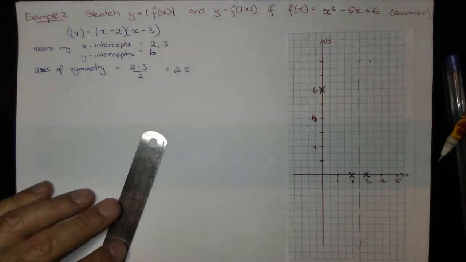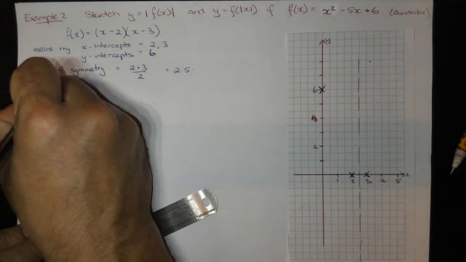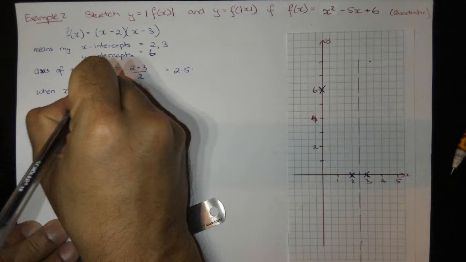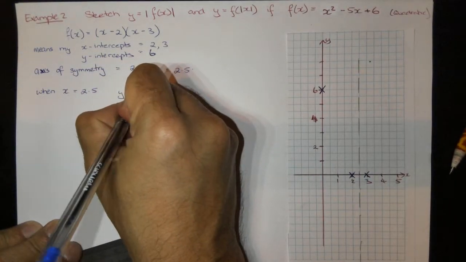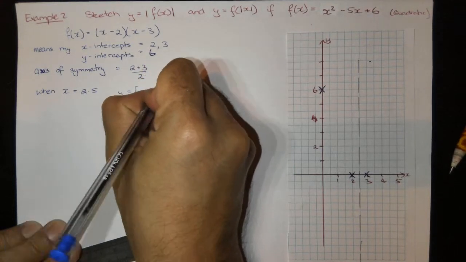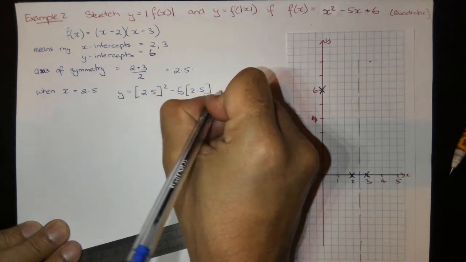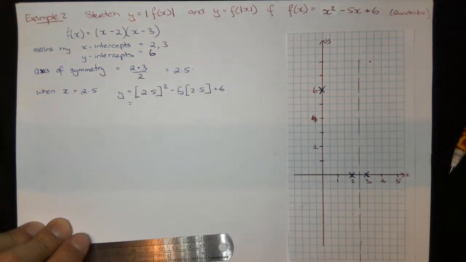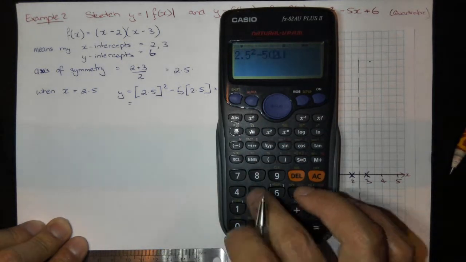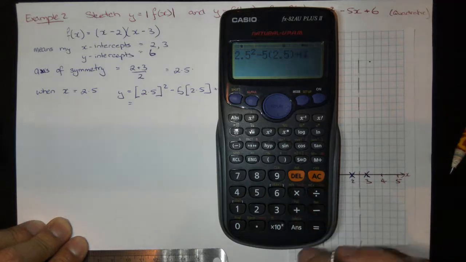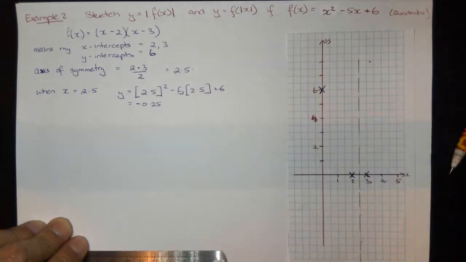Yep. I'm going to plug my 2.5 into my original function. So when x equals 2.5, y equals 2.5 squared minus 5 lots of 2.5 plus 6, which is negative 0.25.